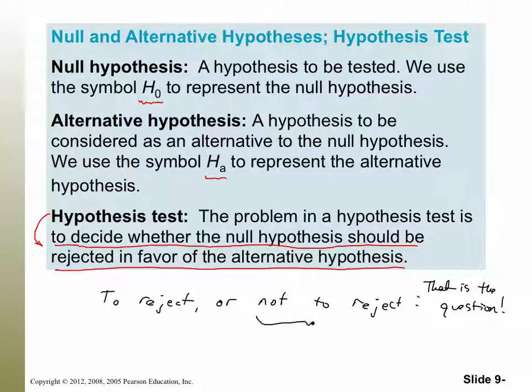And not to reject is not the same thing as saying the null hypothesis is true. All it's saying is it might be true. The null hypothesis could very well be true.